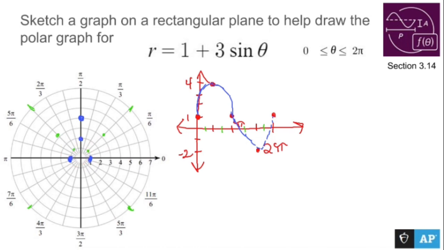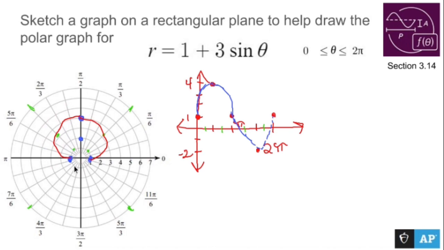Let's draw this out. I started out at 0, 1, and I'm heading towards 2 pi, hitting that green dot along the way. So it's going to create like this circular thing that looks like that. As I go from pi over 2 to pi, I'm just making that circular thing going back to 1.